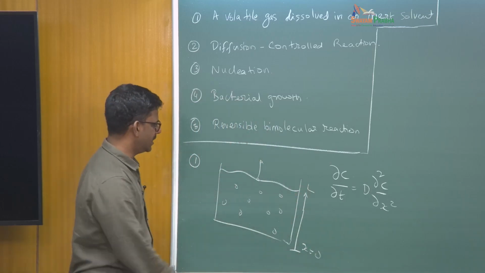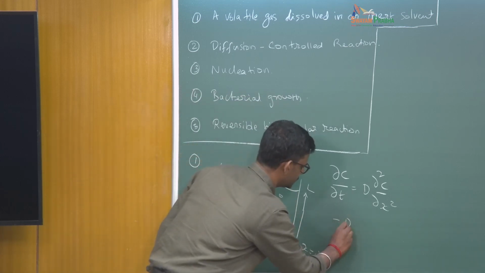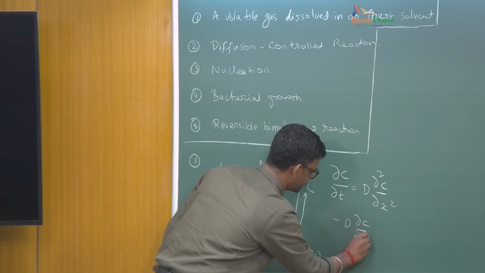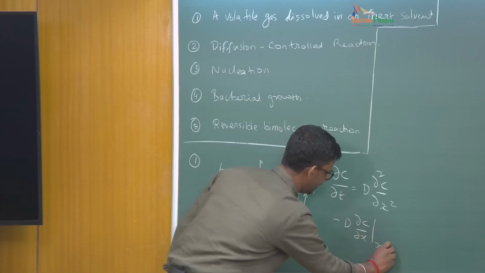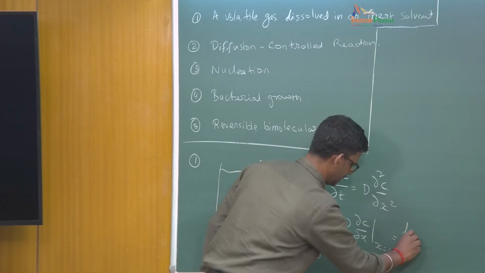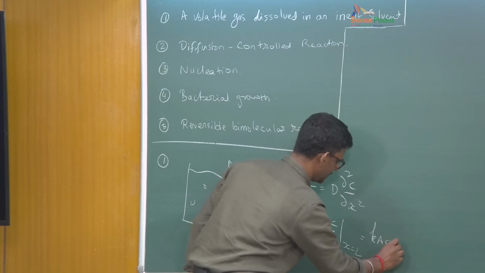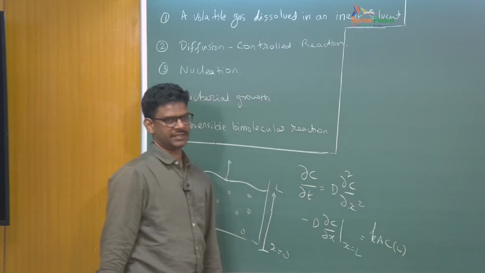We can say that at L the flux, that is ∂C/∂x at x equal to L, should be equal to some mass transfer coefficient times area times C at L, something like this.